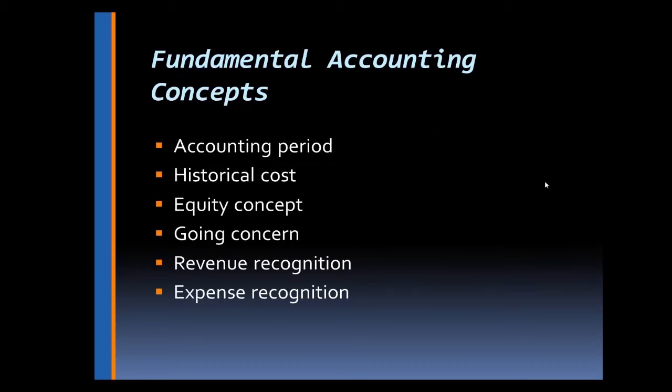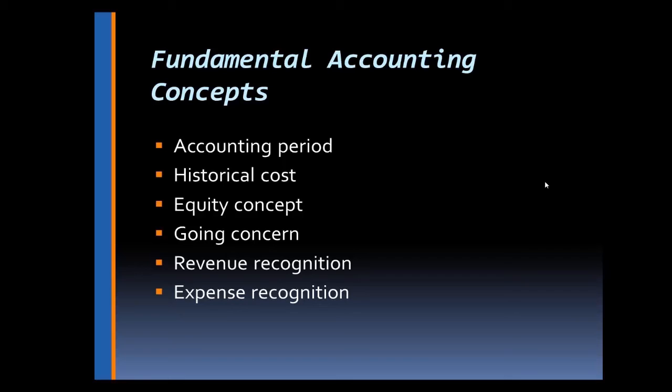Let's talk about some fundamental accounting concepts. Accounting period. There is an assumption that when we're looking at a financial statement, it relates to an accounting period, a month, a quarter, a year. Also, when you look at the balance sheet, everything is stated at historical cost.